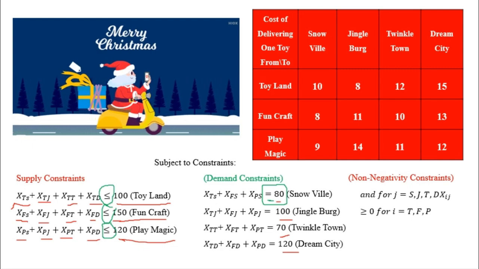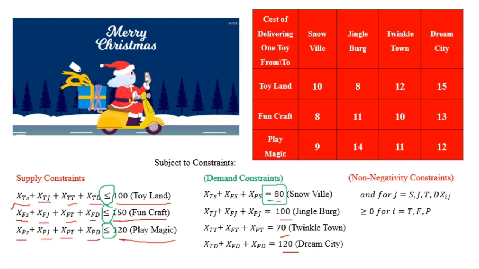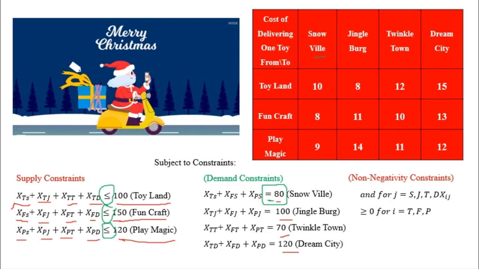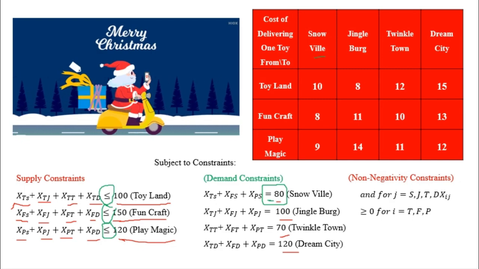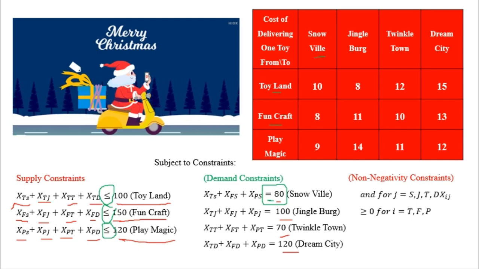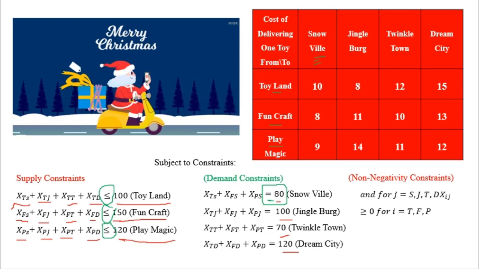So in a very simple way, for example, if I talk about Snowville, Snowville can have the supply of toys from which workshops? It has three different options: Toyland, Funcraft, and Play Magic. So I will write it this way: the quantities of toys going from Toyland to Snowville plus the quantities of toys going from Funcraft to Snowville plus the quantities of toys going from Play Magic to Snowville should be able to satisfy the demand it has.